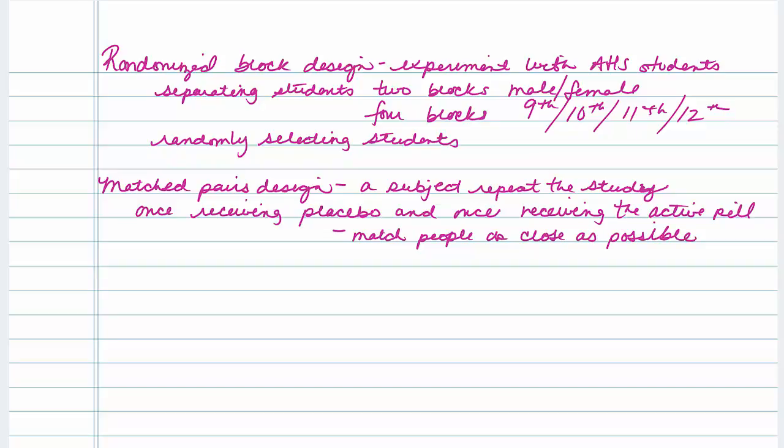So if you have a study where you're giving a drug and you're giving a placebo, maybe you would have a male that's 40 years old. In this group, you'd have a man that's 40 years old. They don't have to be the same man. Obviously, they can't be the same man. But they would be a man 40 years old.